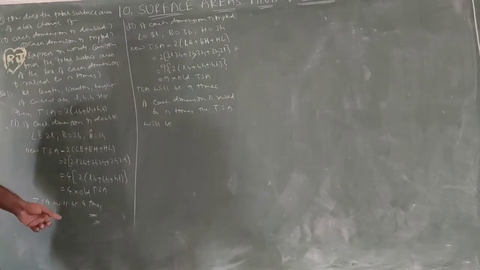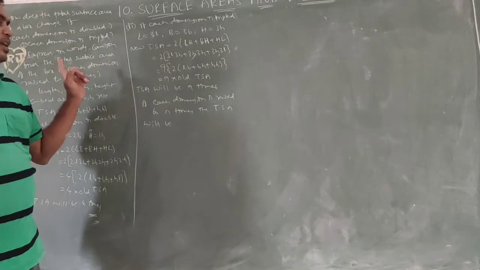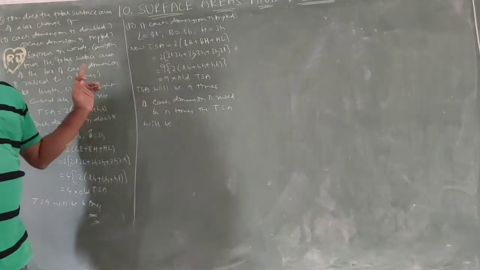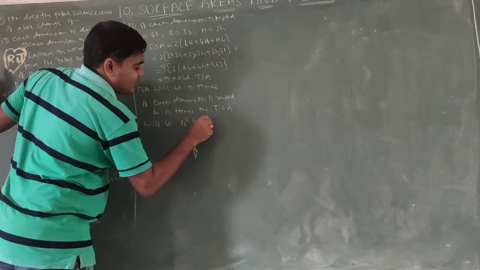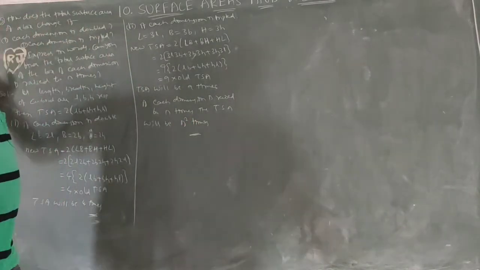What is the relation between 2, 4 and 3, 9? 2 squared is 4, 3 squared is 9. So if each dimension is raised n times, TSA will be n squared times. So this is the required solution.